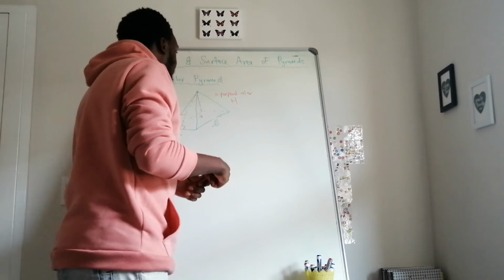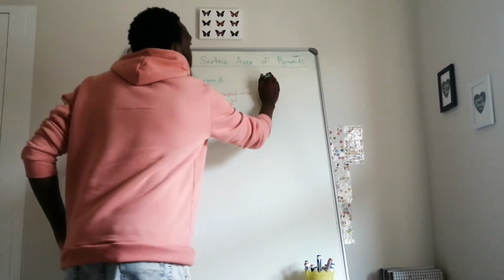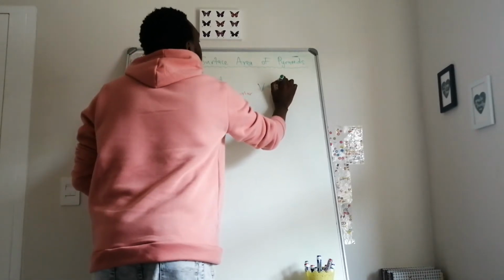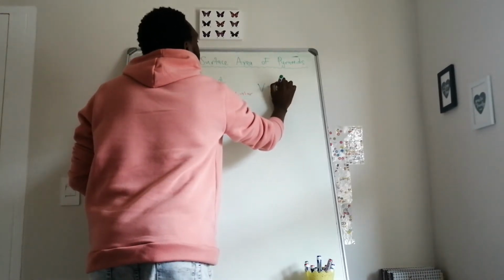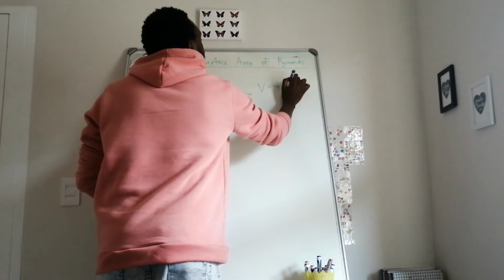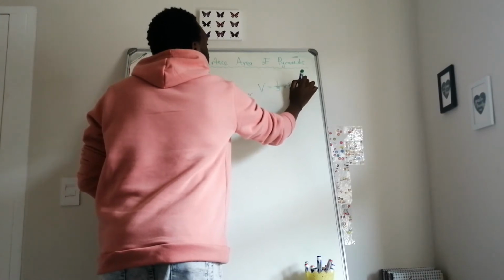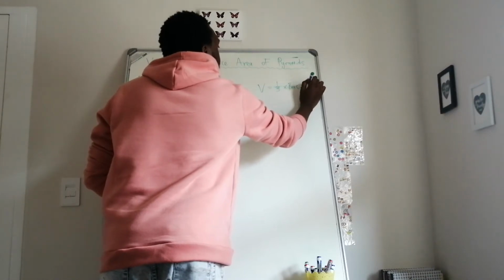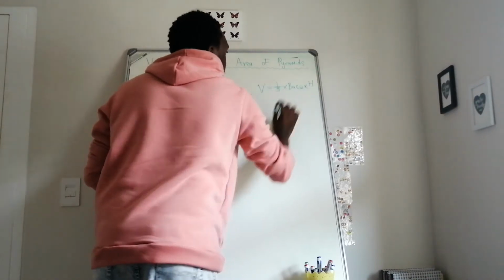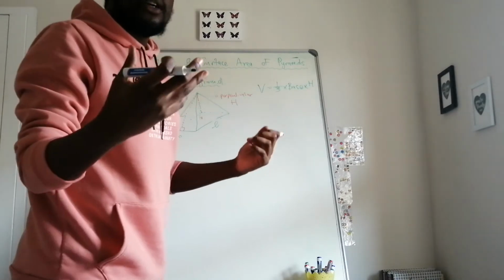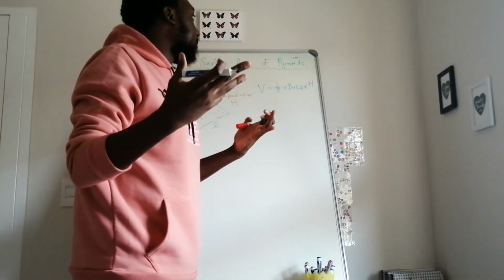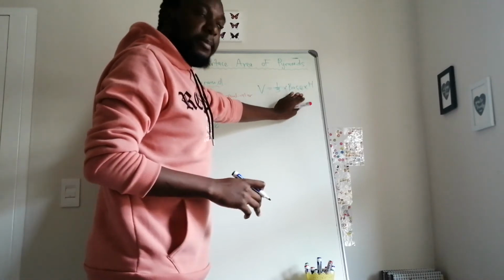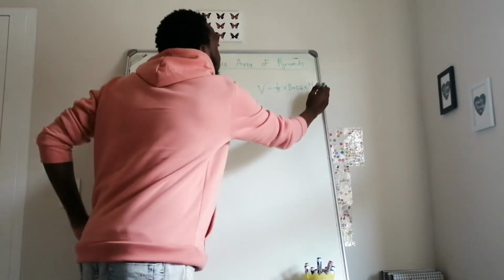So how do we calculate volume? Volume is equal to a third of the area of the base multiplied by the perpendicular height.